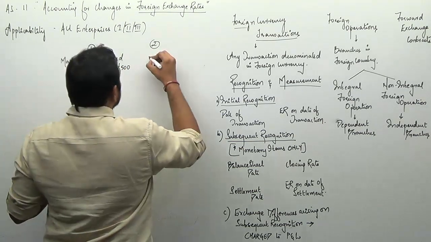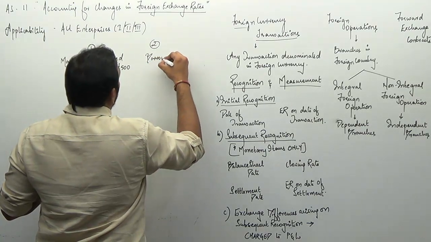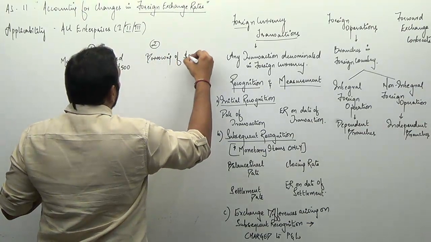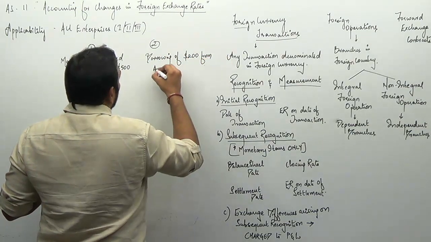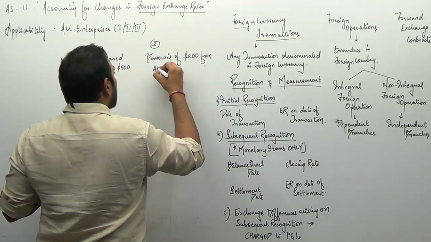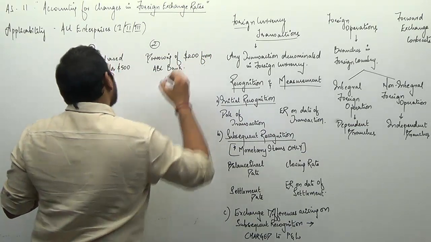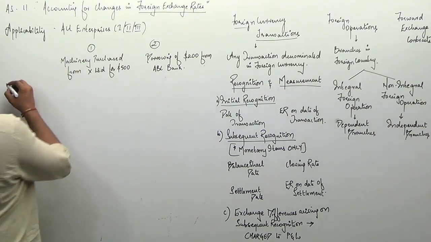Second transaction, let's say there was a borrowing of $200 from ABC Bank. Both of them denominated in dollars. Let's say it is an Indian enterprise, so both of them can be called foreign currency transactions.